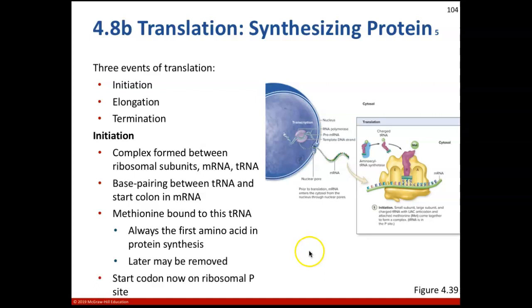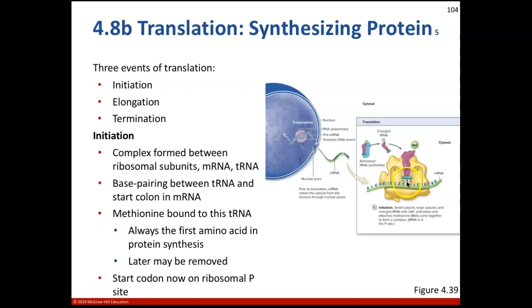Now for translation, we've got 3 events again: initiation, elongation, and termination. So let's start with initiation. This is going to be a complex formed between the ribosomal subunits, our mRNA strand, and tRNA.